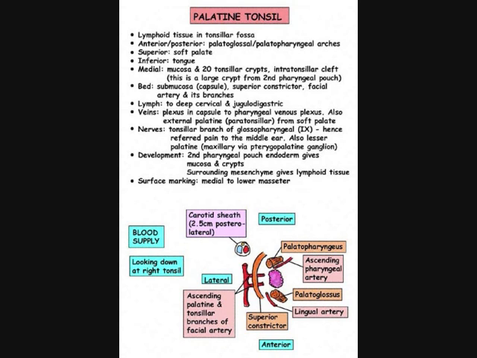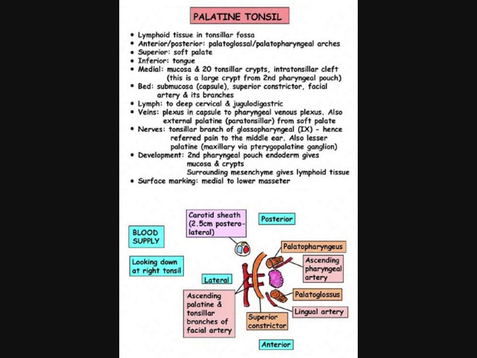The palatine tonsil is clearly important because it is a fairly common operation to have one's tonsils and adenoids removed. It has mucosa over the tonsil, and there are some 20 tonsillar crypts. Deep to it, apart from the structures that we've already mentioned, are the superior constrictor and the facial artery with its branches.